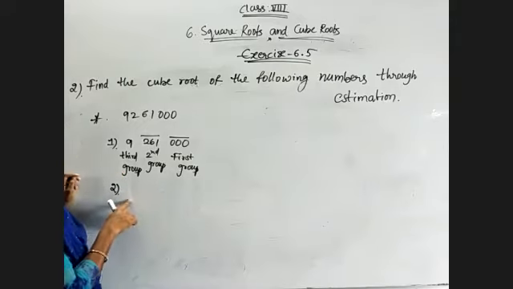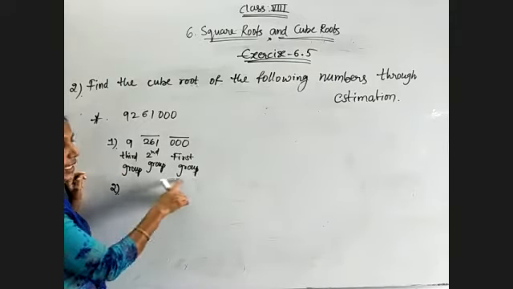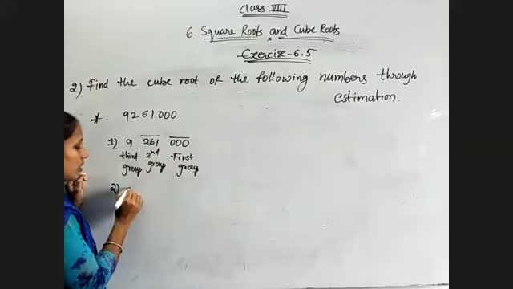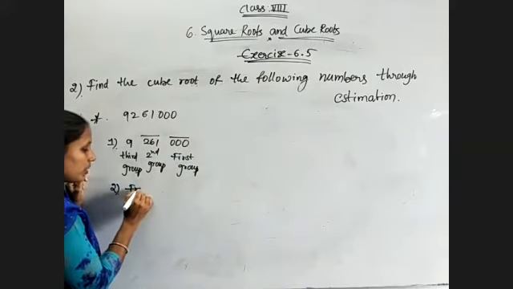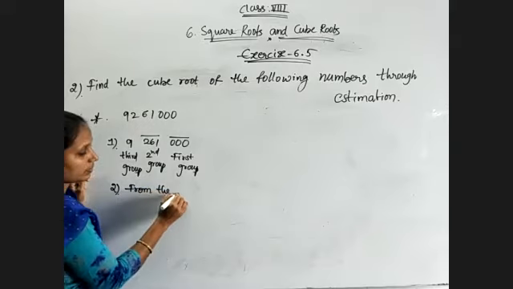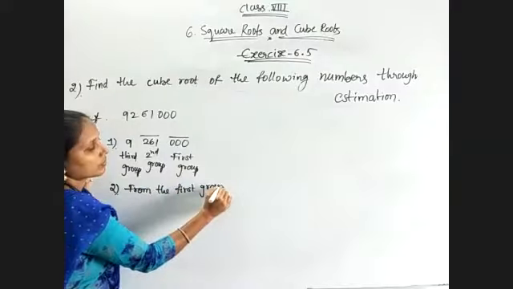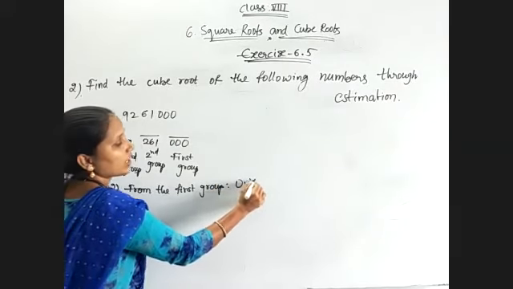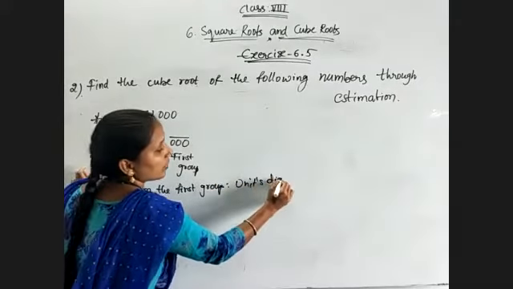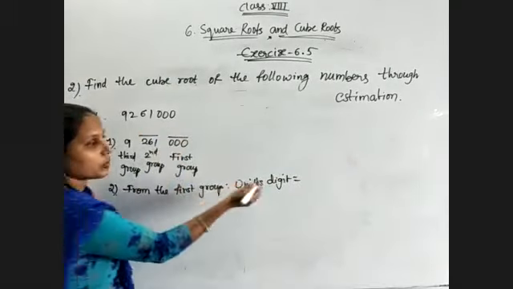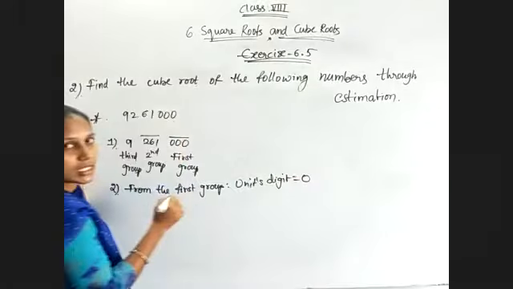Now, second step, first we need to take the first group and we must decide the unit digit. So, from the first group, the unit digit will be 0, because if we get 0, its cube root will also be 0 only, the same digit.